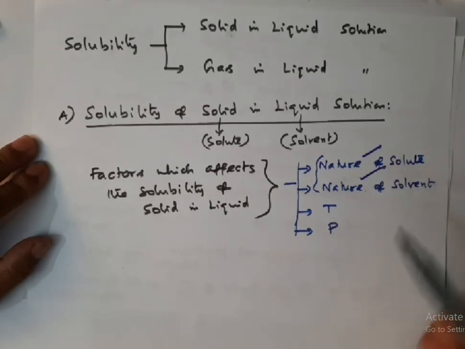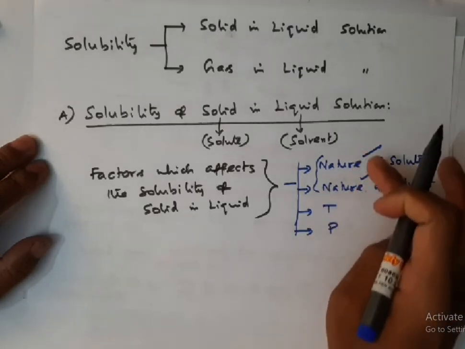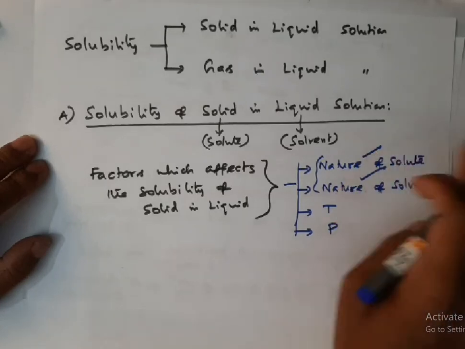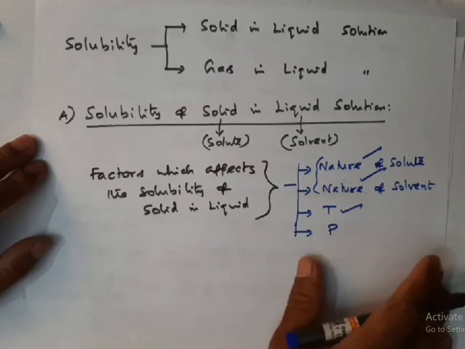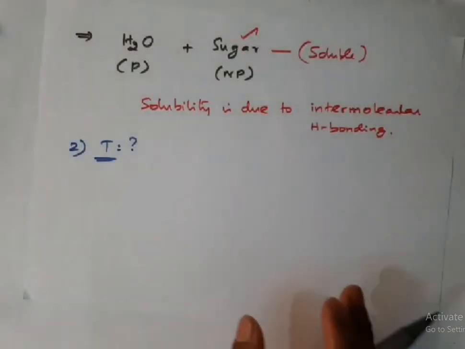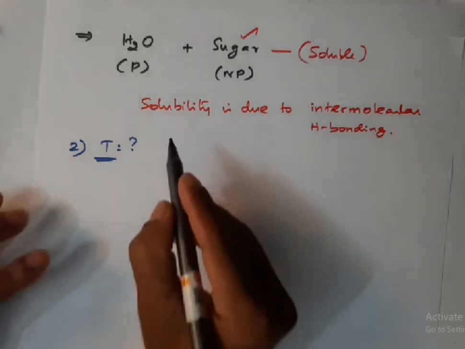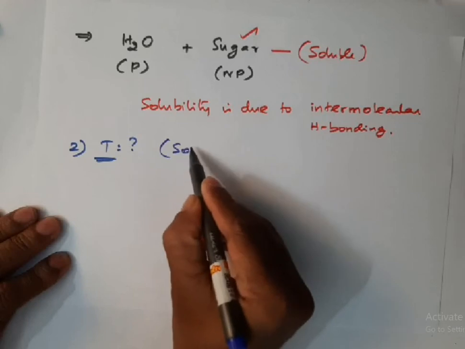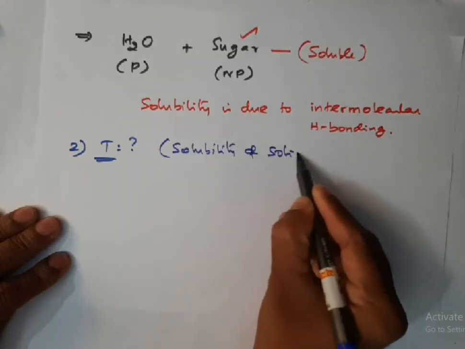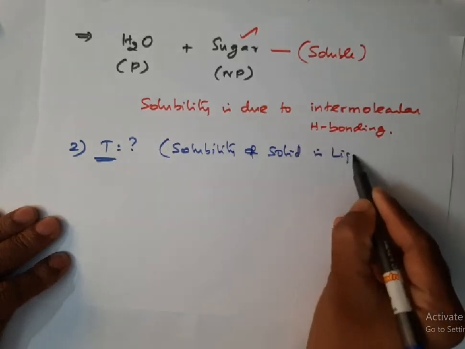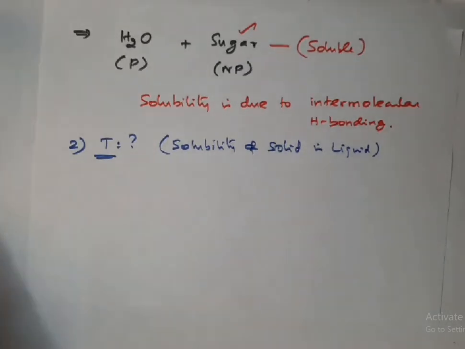We discussed these two now. Under the like dissolves like rule, we discussed how nature of solute and nature of solvent affect the solubility. Now the second term that I am going to discuss is temperature: how temperature affects the solubility of a solid in liquid.